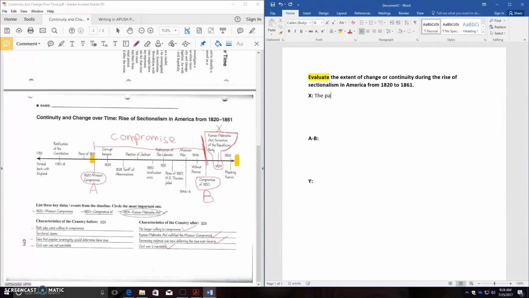The passage of the Kansas-Nebraska Act in 1854 created a point of change that was irreversible and marked a point in which the Civil War was inevitable, meaning it was going to happen.